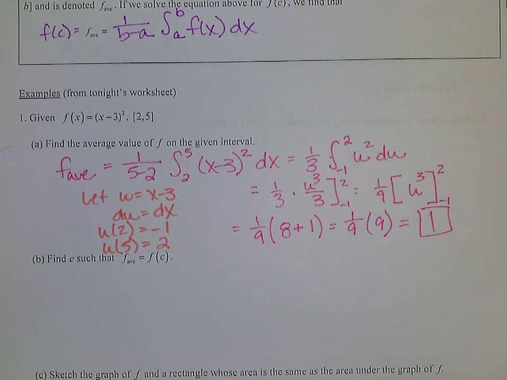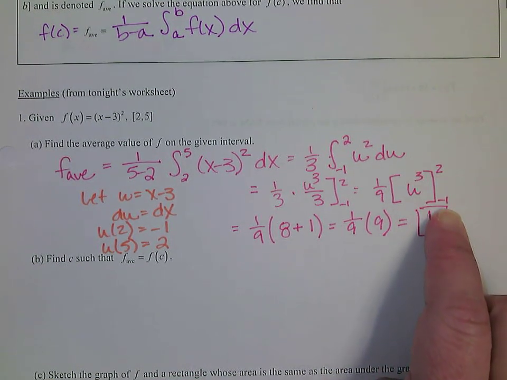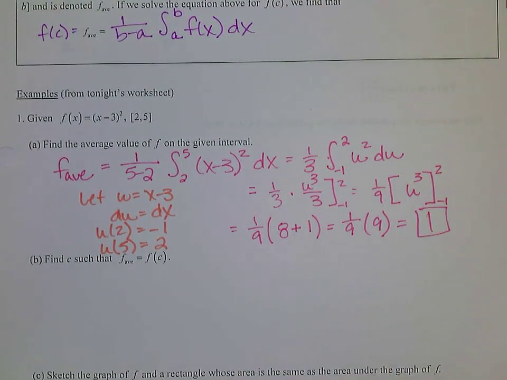I'm actually applying the fundamental theorem at that point, evaluating the antiderivative at my upper bound 2 minus the antiderivative at my lower bound negative 1. I factored the 3's out. Yep, that's f of b minus f of a, exactly. Any other questions?